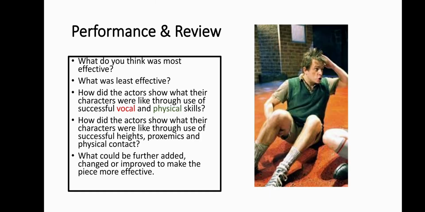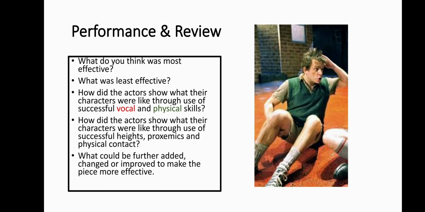Performance and review. If you're working at the academy, you will watch your peers perform to each other. Whilst they're performing, you're thinking about the following questions. What do you think was most effective? What was least effective? How did the actors show their characters through their vocal and physical skills?